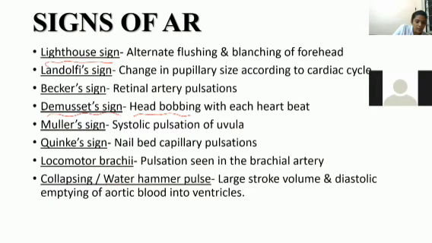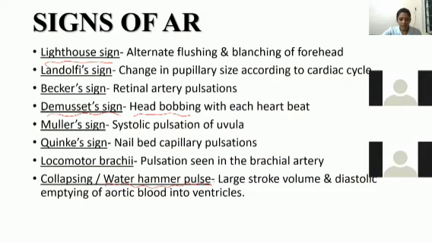Then collapsing or water hammer pulse. This is also a repeated question in so many question papers. Water hammer pulse can be seen in which disorder? Collapsing or water hammer pulse can be seen in aortic regurgitation. Okay. So there is large stroke volume and diastolic emptying of aortic blood into the ventricles. Due to this, there is water hammer pulse.